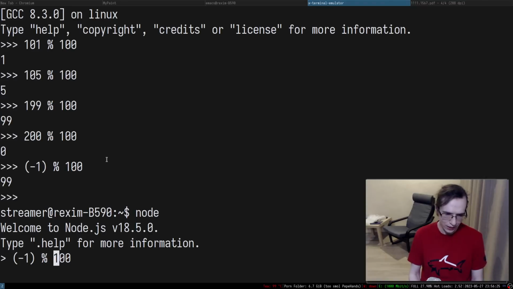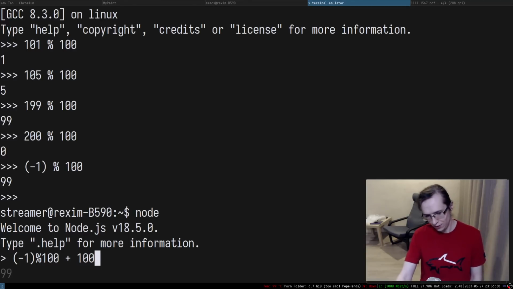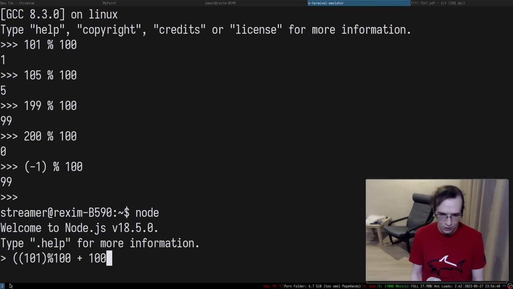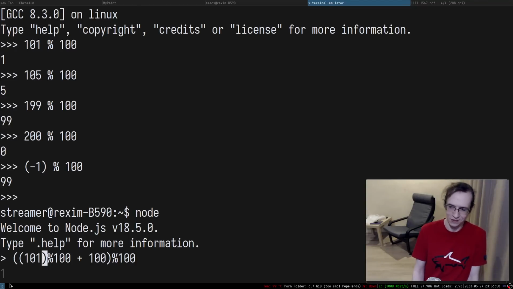The usual way to fix that is to add the thing that you're modding by. That fixes the negative case, but it breaks the positive case. For that, you do mod 100 again. Then the negative case works and the positive case works. That's how you do it, essentially.